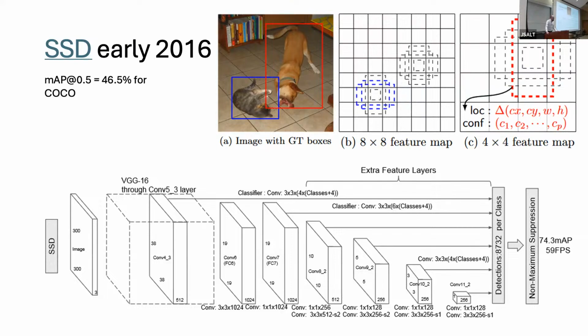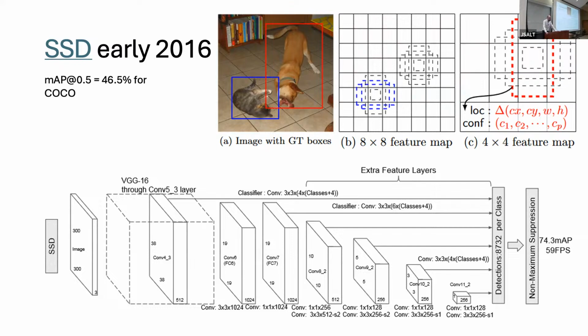So they say, okay, we will not just use the last layer, but we will use some earlier feature maps, and they even put some feature maps on top of the backbone, which back then was VGG16, you can see. So yeah, they used VGG16, only, I think, 13 layers. And then they did the same stuff with the anchor boxes, although they called them default boxes just to confuse us, but they are the same.